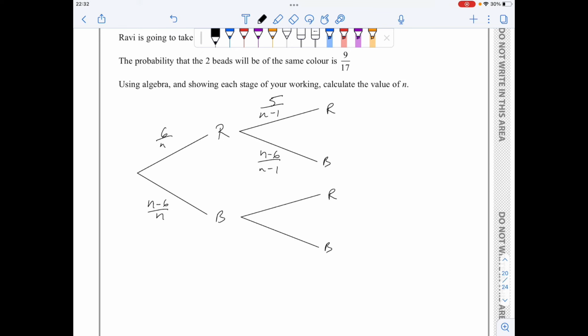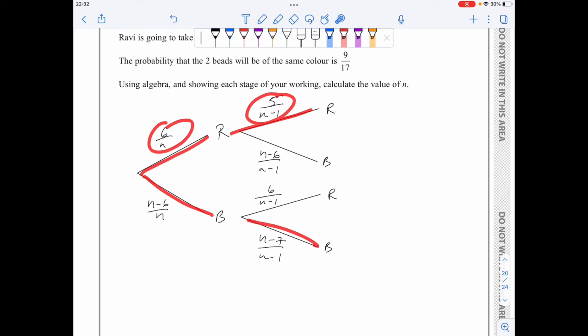Now, similarly, if the first one was blue, the probability of getting a red one is 6, because the reds remain the same, over n minus 1. And the probability of getting a blue, that's where the trick is, you need to subtract 1 blue, so n minus 7 over n minus 1. Now, the probability of getting the same color is the probability of getting a red and a red, so the product of these two numbers, plus the probability of getting a blue and a blue, so the product of the two numbers below, and this is 9 over 17.